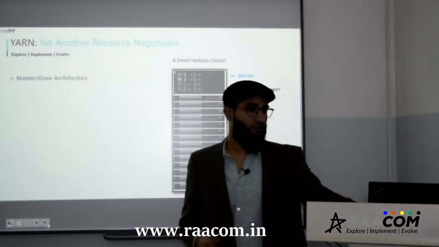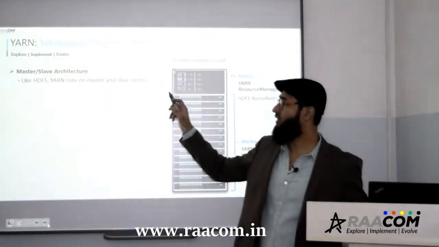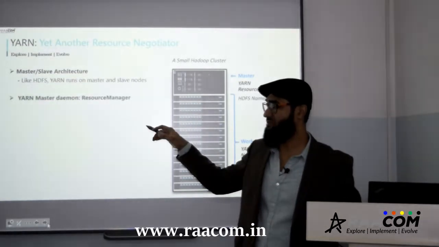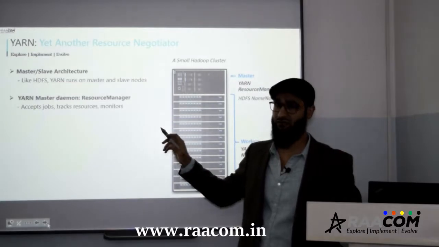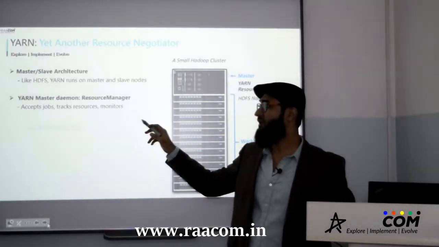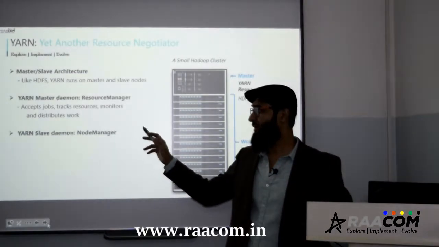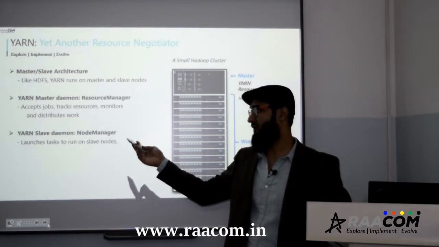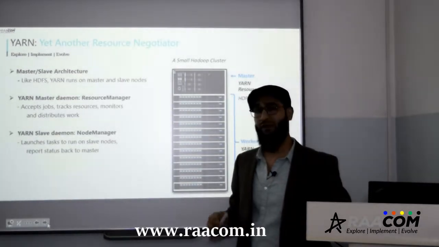So a quick glance of what we have just discussed. Master and slave architecture, like HDFS, YARN runs on the master and slave nodes. The YARN master daemon, being the resource manager, accepts the jobs, tracks the resources, and monitors. It also distributes the work accordingly. The slave daemon, being the node manager, launches the tasks to run on the slave node and reports the status back to the master.